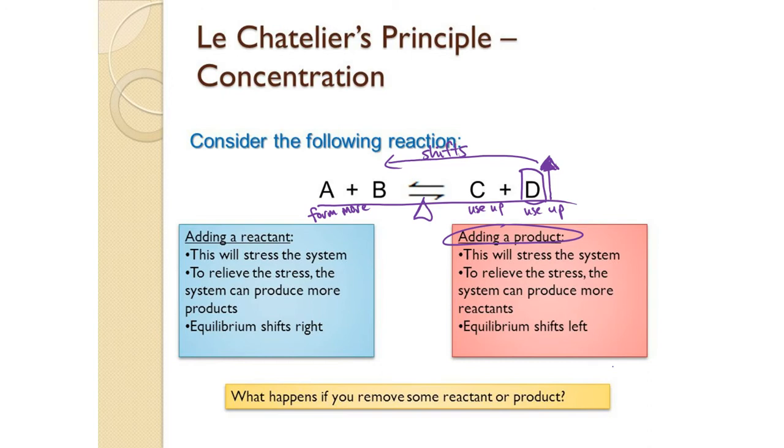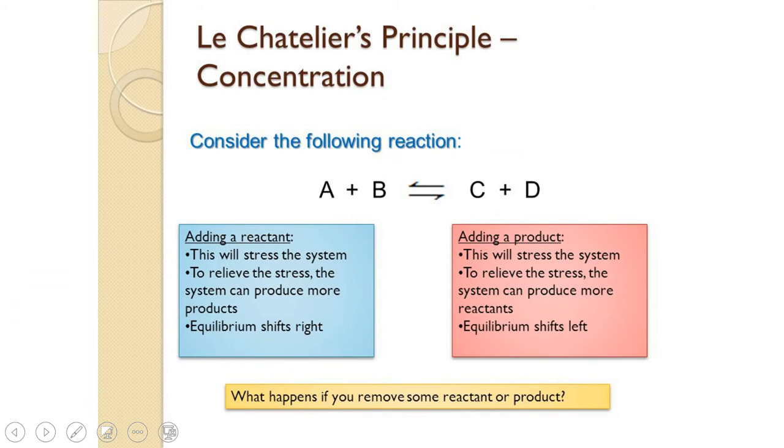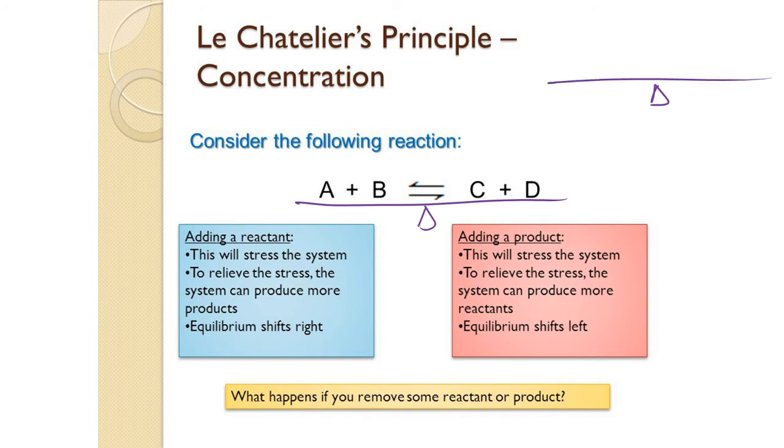Okay? What happens if we remove some product or reactant? It's really just the opposite. Imagine your teeter-totter. What happens if you came along and removed some weight from it?